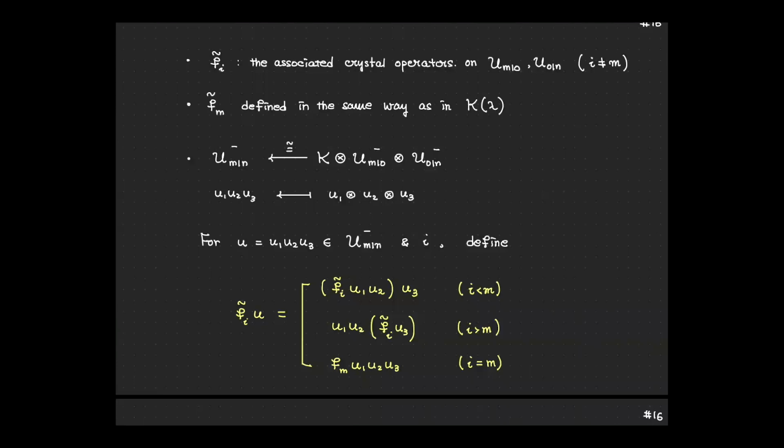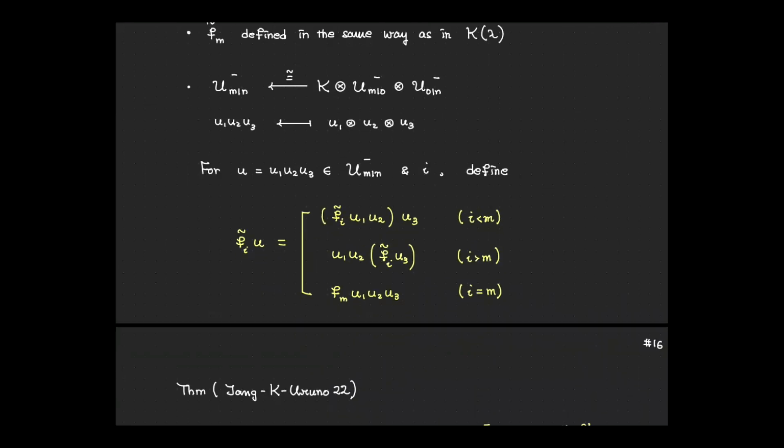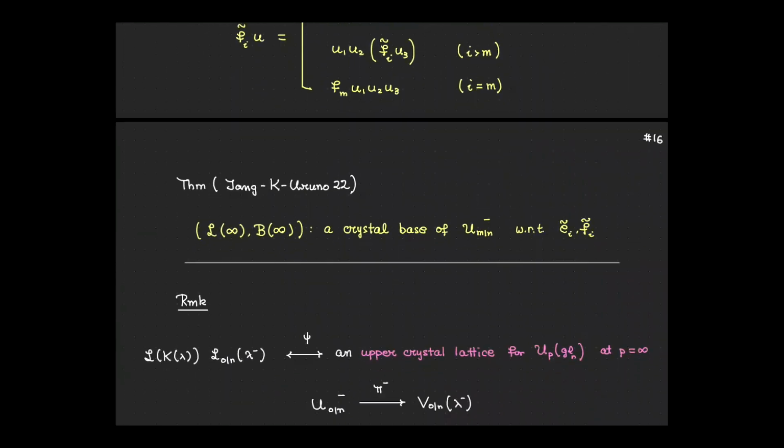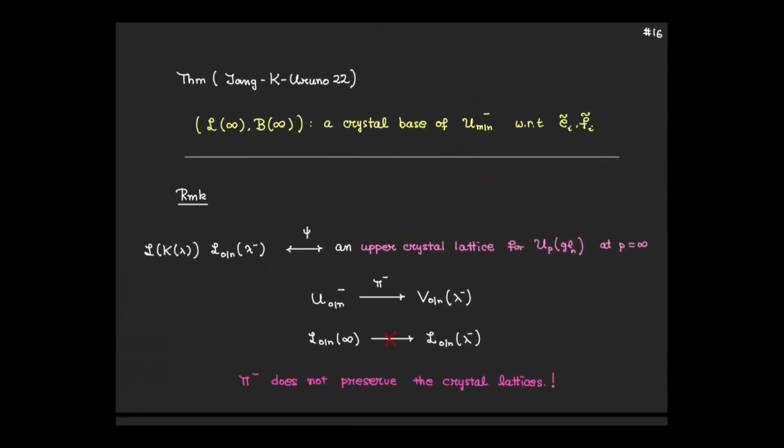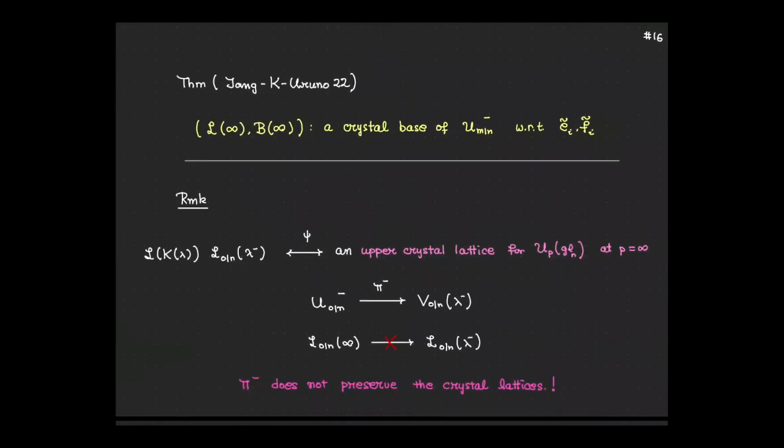For the even simple root with the negative squared norm, it acts only on the third component, according to our crystal structure. And the odd root is defined in this way. Then it is now straightforward to show that this crystal lattice becomes a crystal base of U minus. Of course, we need Kashiwara's results on the crystal base theory for the tensor product of finite dimensional and infinite dimensional representations.